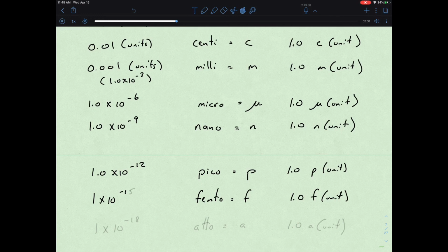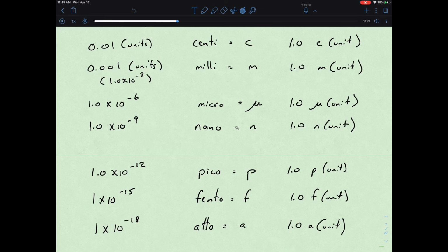A lot of observation laser techniques are getting into femtoseconds, looking at describing reactions in very small time intervals. And now on the opposite end of the spectrum, at 10 to the negative 18th, we have atto. And so that would be an atto unit.